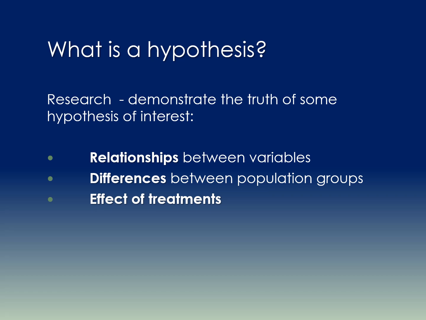A lot of hypotheses kind of come together with two different things in a sense. I've had three on here, but really it's the first two. And these hypotheses come out in two different forms. Number one, a lot of times we want to see if there are relationships between variables. So for example, later on in the term, we take a look at the relationship between height and weight.